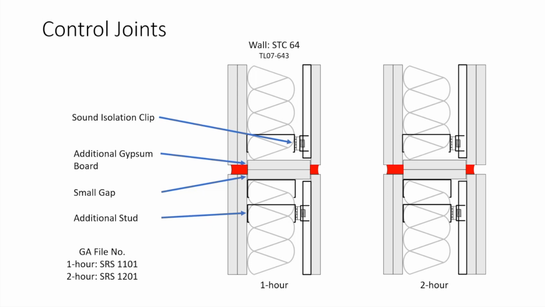You have a stud there in the middle that holds some drywall. And this is required for fire, to back that gap in the drywall, which is your fire protective membrane. So you put the drywall on the stud that then provides that backing for the gap. And then you seal that with fire sealant.